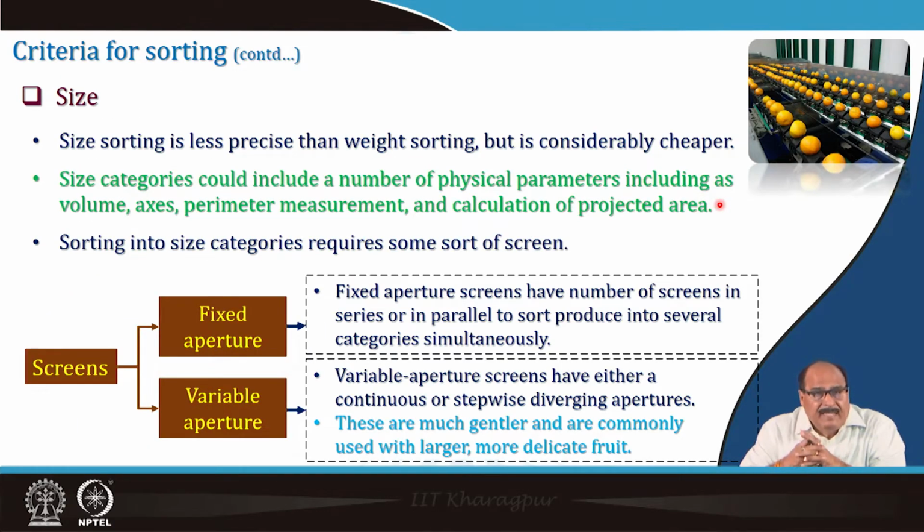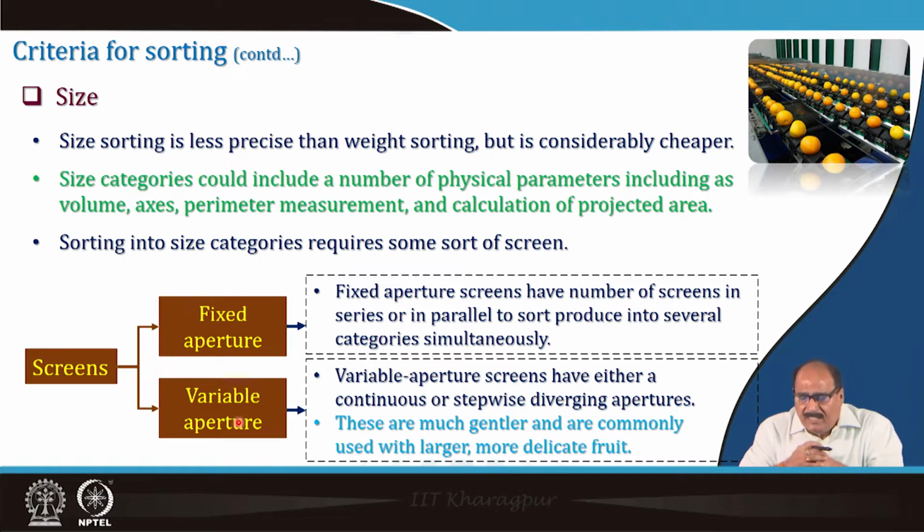Then size sorting. Size sorting is less precise than weight sorting, but it is considerably cheaper. Size categories could include a number of physical parameters including volume, axis, perimeter measurement, calculation of projected area, etc. Sorting into size categories requires some sort of screen, which may be a fixed aperture or variable aperture.